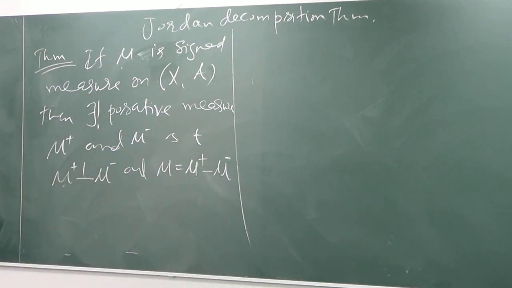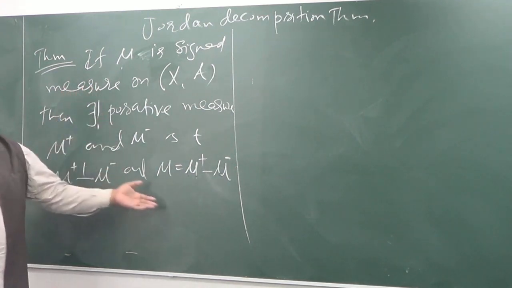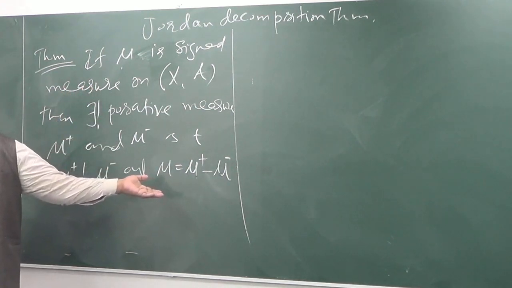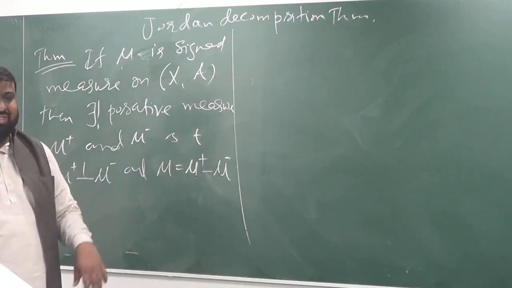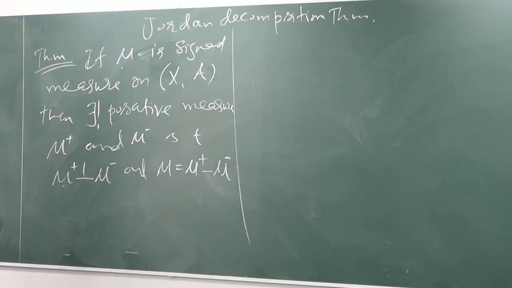Now, one thing you can conclude from this result is why it is sufficient to study positive measures. Why? Because if you have a signed measure, you can always break it down into positive measures. So the theory of positive measures is what we did in convergence.